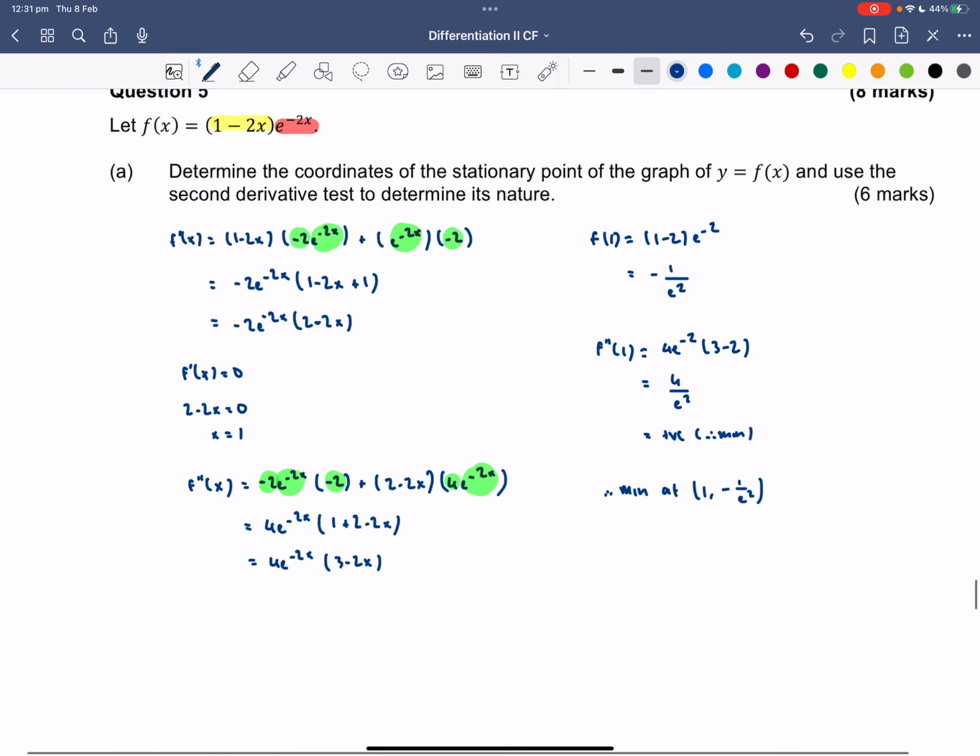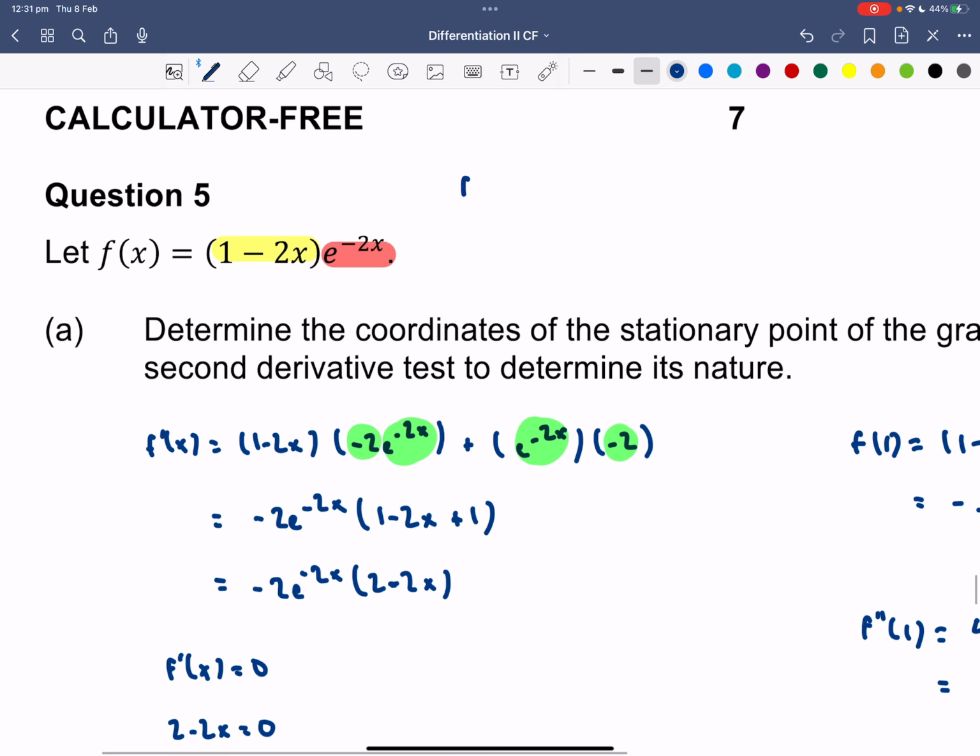We need to put 3 on 2 into the original function. 1 take 2 times 3 on 2 is 3. E to the minus 2x. 2 times 3 on 2 is again 3. That gives us minus 2 on e cubed.